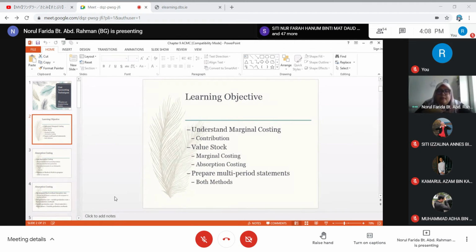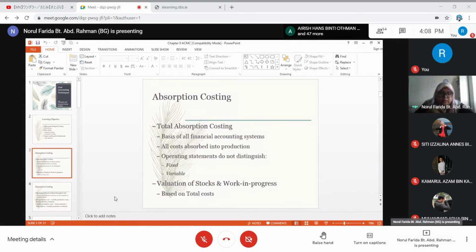Okay, and we also will prepare multi-period statements using both absorption costing and marginal costing. Multi-period means several periods. Okay, multi-periods.